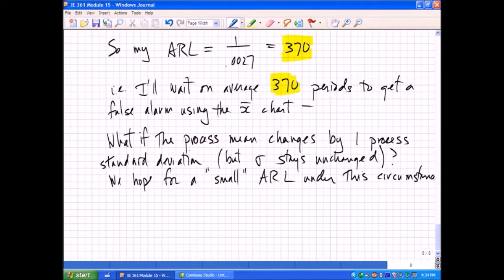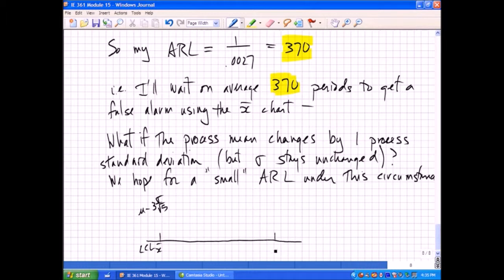Well, okay, exactly what do I need then? Well, here's the right picture. There's the lower control limit for X bar. It's at the original mean minus 3 sigma over the square root of 5.